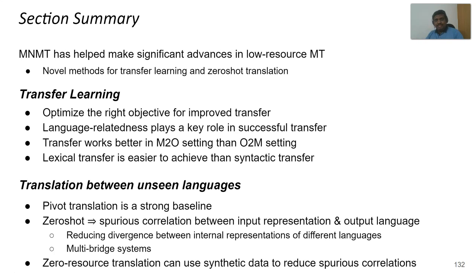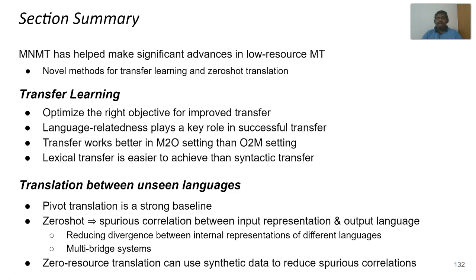And to summarize the takeaways from this part of the tutorial, we can see that multilingual MLMT has helped make significant advances in low resource machine translation, particularly from novel methods that have come about in transfer learning and zero-shot translation. On the transfer learning side, what is key is that we optimize the right objective for improved transfer, and language relatedness plays a key role in successful transfers.